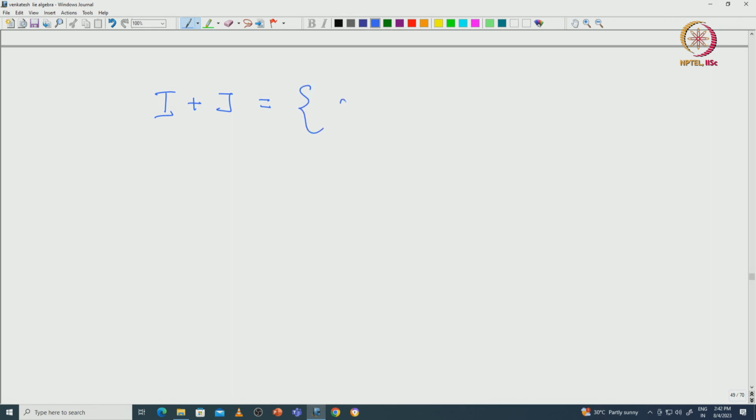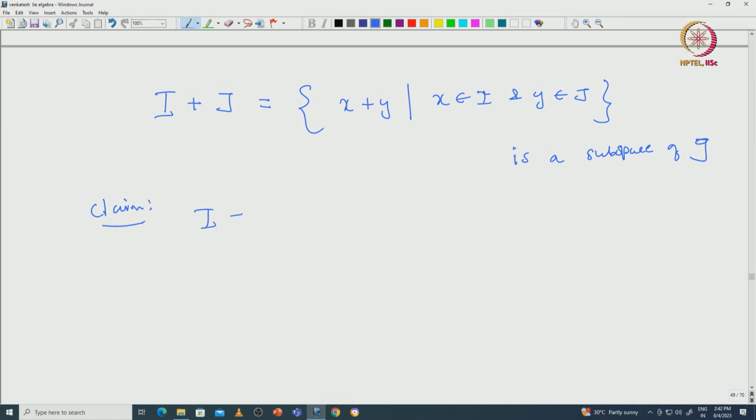By definition, you add all possible elements from I and J. It is easy to see that I plus J is again a subspace of G. Now we claim that it is indeed an ideal. So I plus J is an ideal of G.